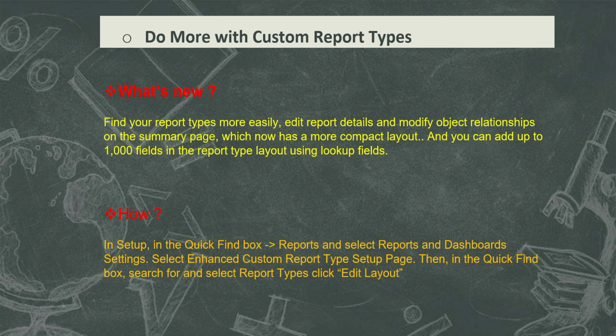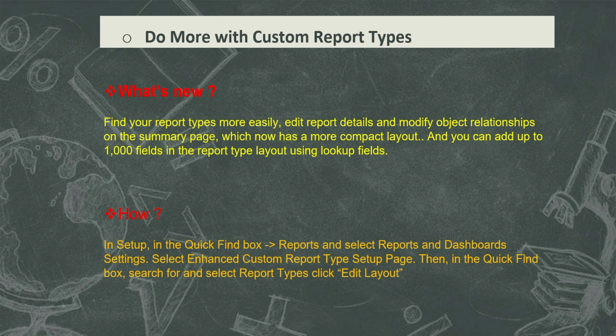Previously, whenever you made a relationship from object to object using a lookup relationship, you had to go to custom report type in setup, go to report types, and after that make a selection over there.